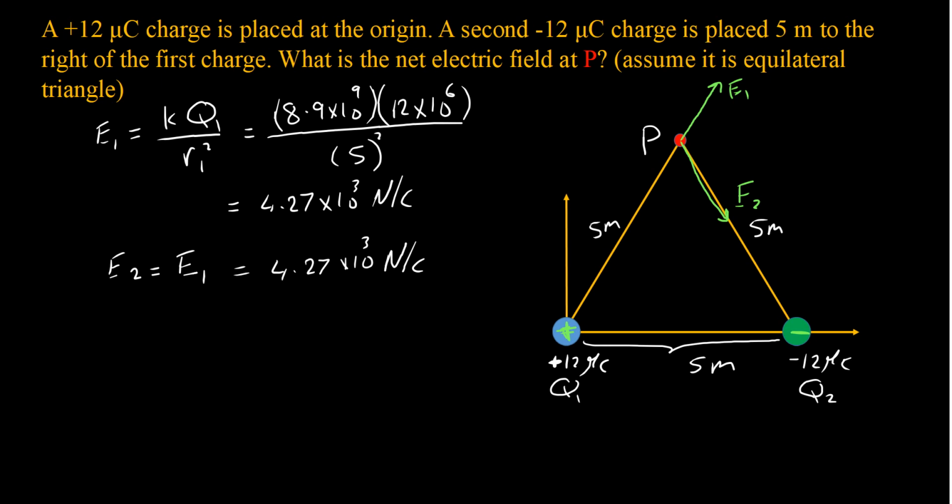Now, to find the net electric field at point P, we should analyze our electric field vectors. Try to change the color.